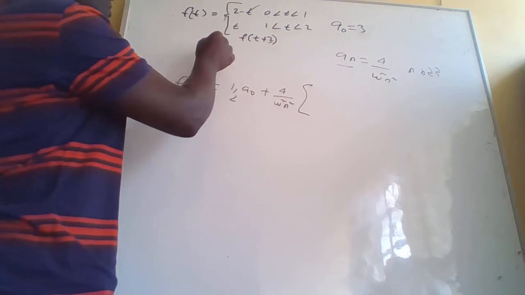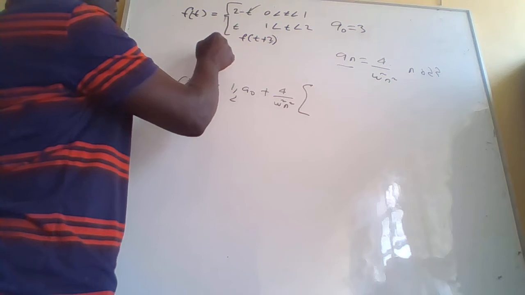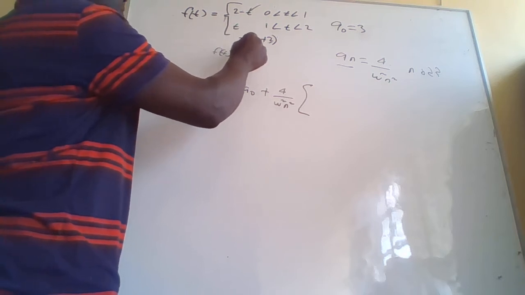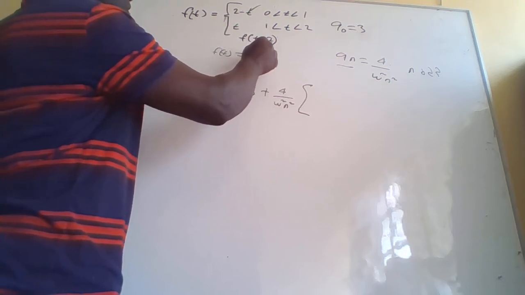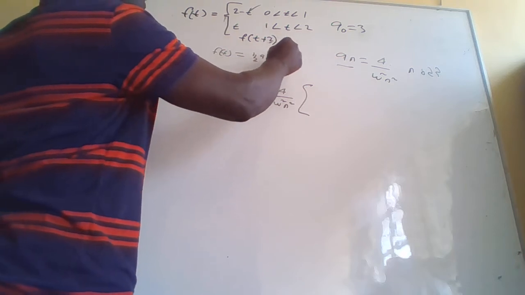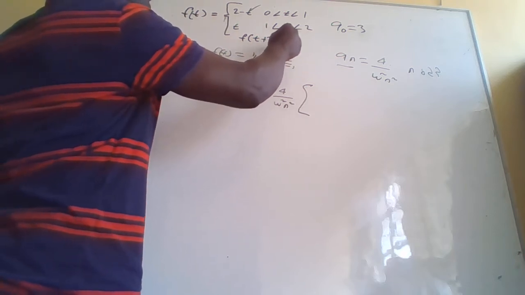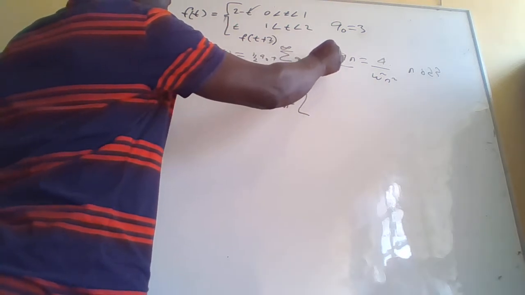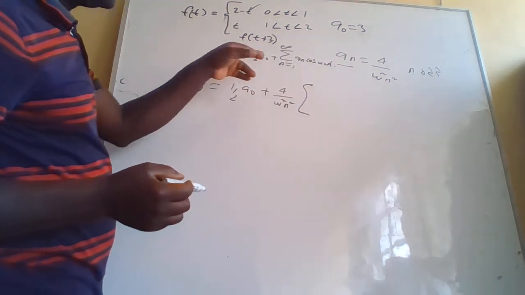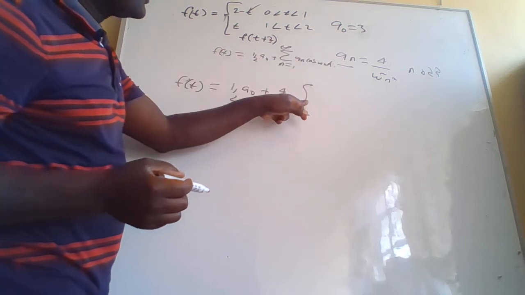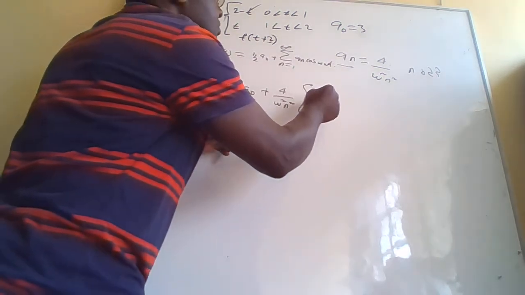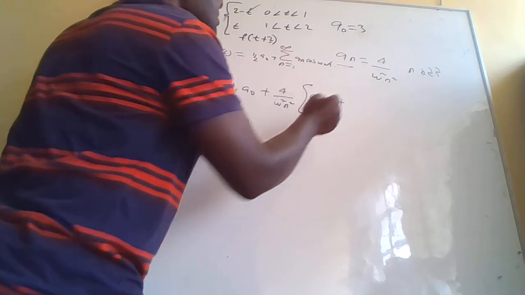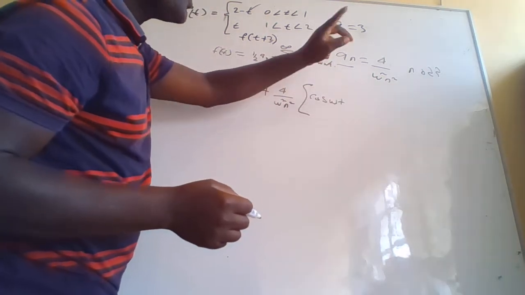Remember, the series is given by f of t equals a half a naught plus the sum of an cos omega n t. Now when n is 1, we shall have cos omega t, odd number, so 3.